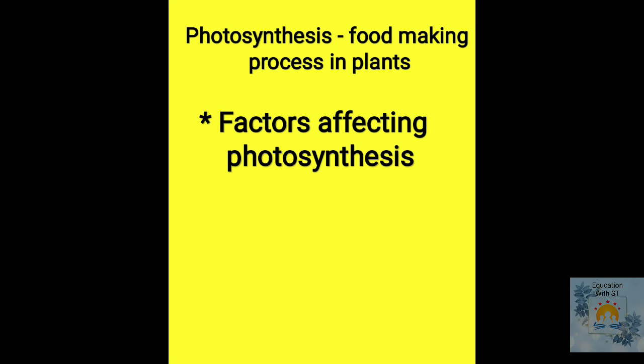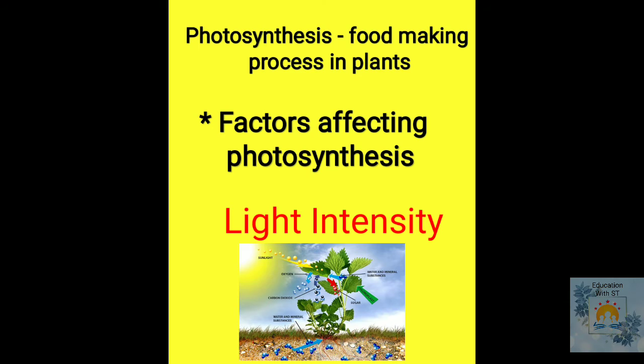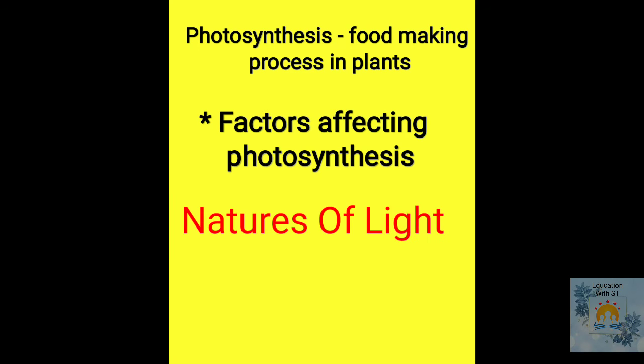Photosynthesis is affected by a number of environmental factors. These are light intensity. As the light intensity is increased, the rate of photosynthesis increases almost linearly; at higher light intensity, the rate of photosynthesis becomes limiting. Nature of light.